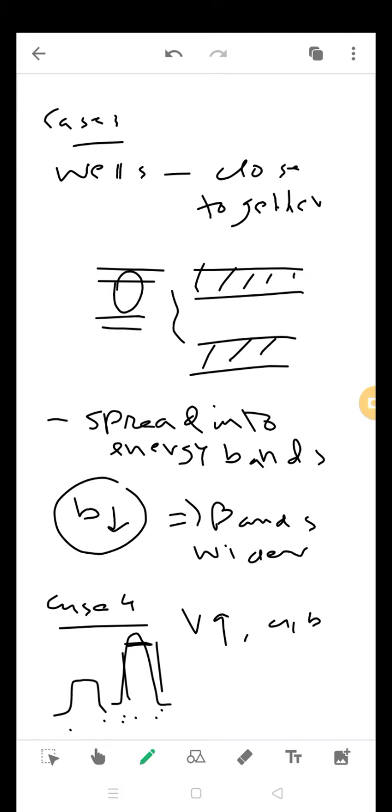So that means the width of the energy band will decrease, come down.